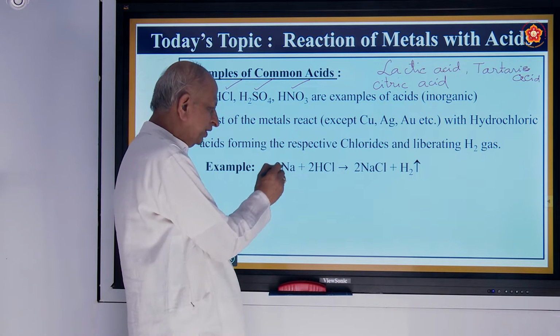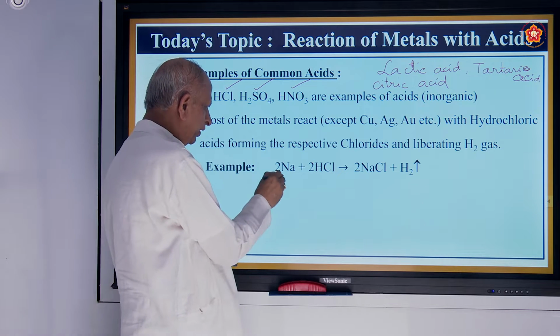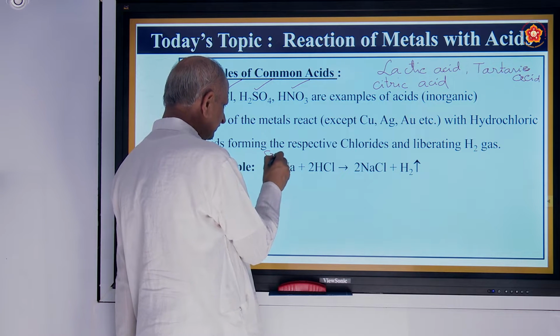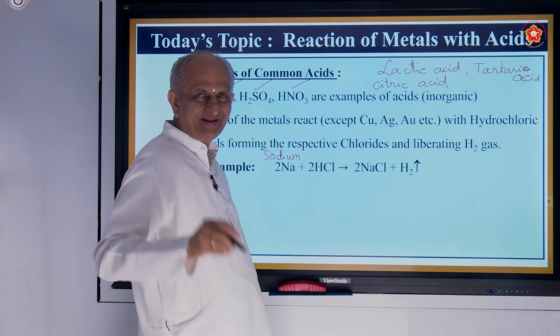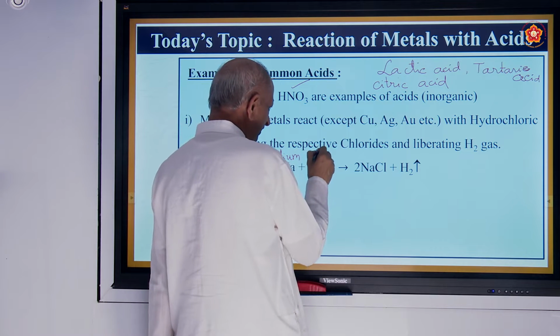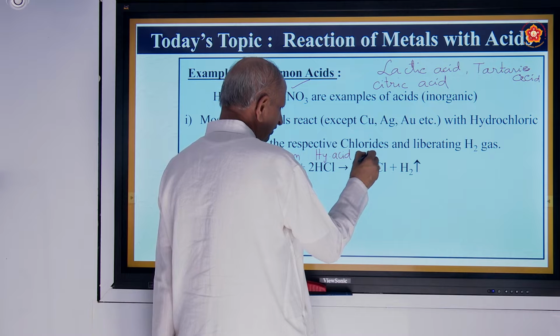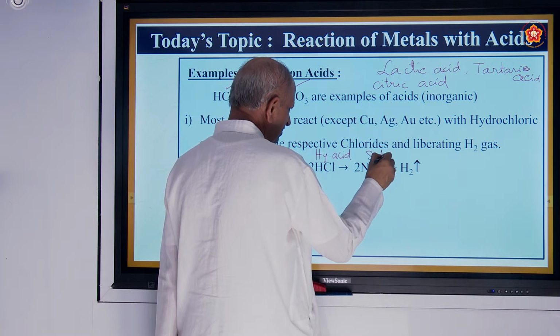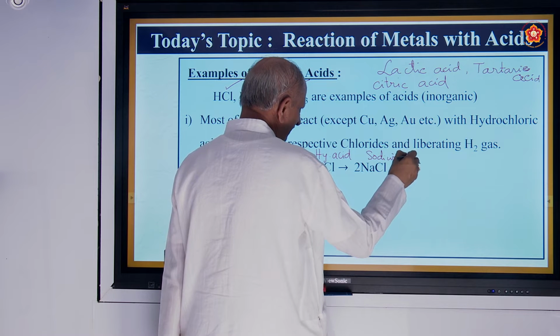For example, sodium, magnesium, calcium, etc. So sodium plus hydrochloric acid. And where is sodium kept? Sodium is always kept in kerosene. Sodium plus hydrochloric acid gives sodium chloride plus hydrogen.